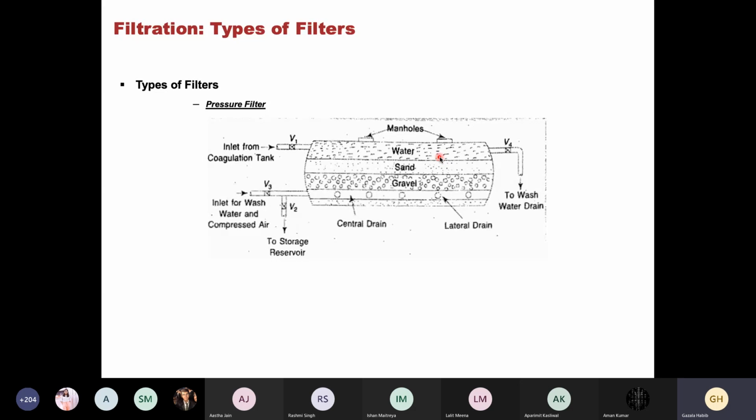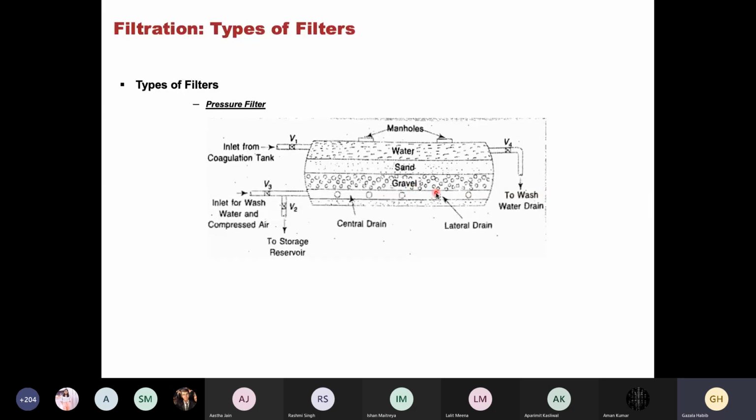Generally this kind of unit is only used for industrial water, because it is not economical for municipal water supply. The filtration rate is very high in this filter, 6,000 to 15,000 liters per meter square per hour.